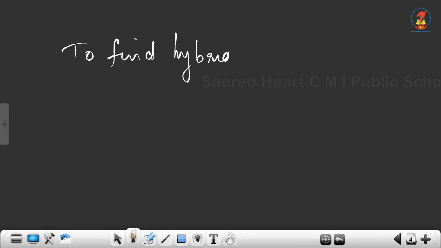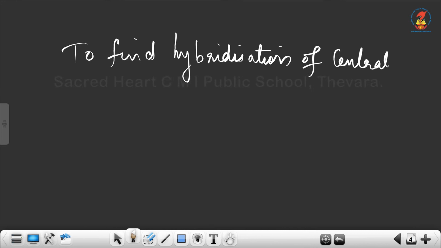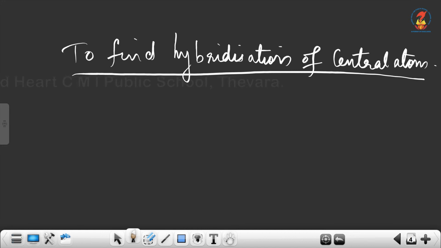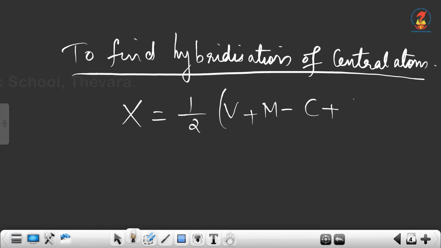The formula is X is equal to half into V plus M minus C plus A, where X is the number of hybrid orbitals.